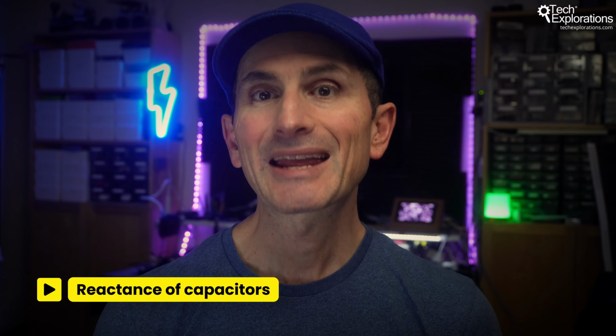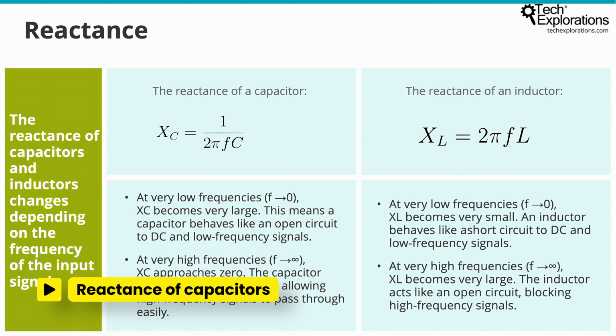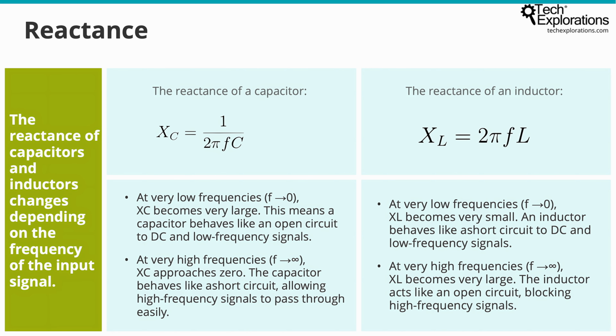The reactance of capacitors and inductors changes significantly depending on the frequency of the input signal. The reactance of a capacitor is given by this formula: X_C equals 1 divided by 2 times pi times f times C. At very low frequencies, based on this formula, when f approaches 0, X_C becomes very large, and this means that a capacitor behaves like an open circuit to DC and low frequency signals.